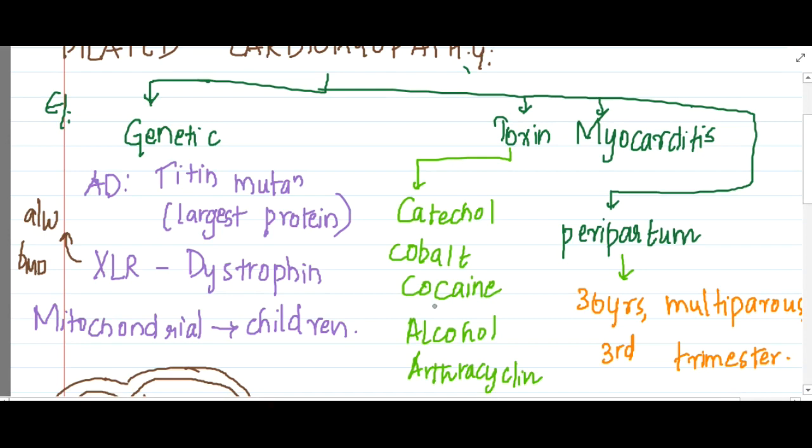Sometimes alcohol along with malnutrition and nutritional disturbances can also be associated with dilated cardiomyopathy. Chronic alcoholism can be associated with beriberi, that is vitamin B1 deficiency. In wet beriberi there is heart involvement, and you will see dilated cardiomyopathy.